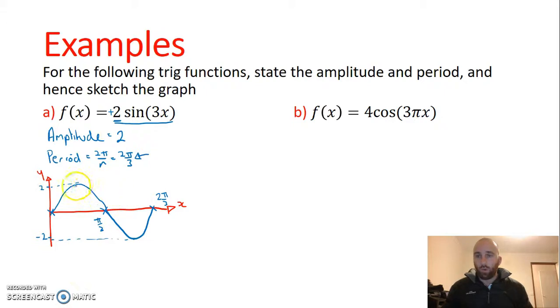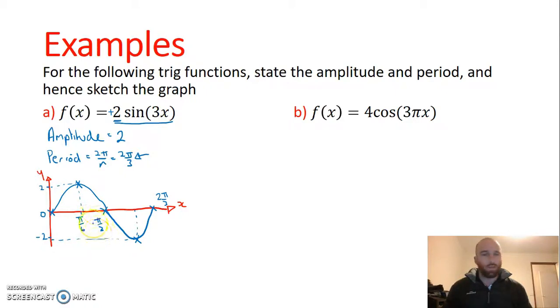What I spoke about before, when we break it up into 4 sections, because these are symmetrical, the maximum locations and the minimum locations are exactly in between the 2 intercepts. It's a bit like our parabolas. So if I've got 0 here and pi on 3, half of that location right there is pi on 6.